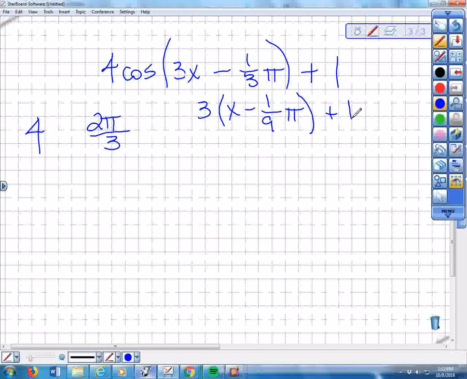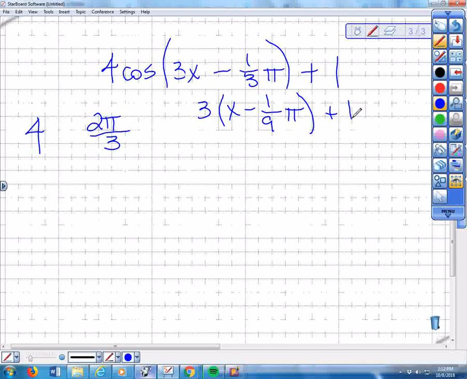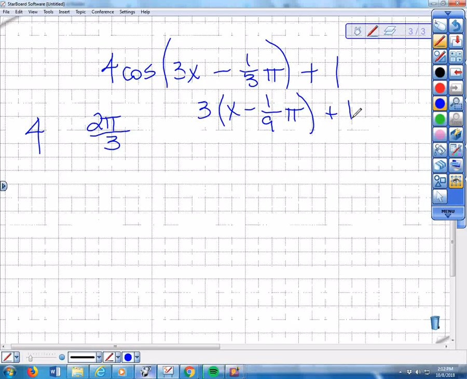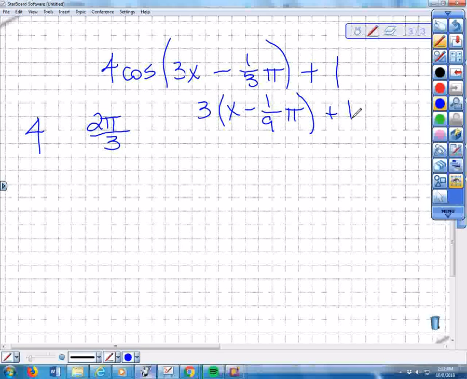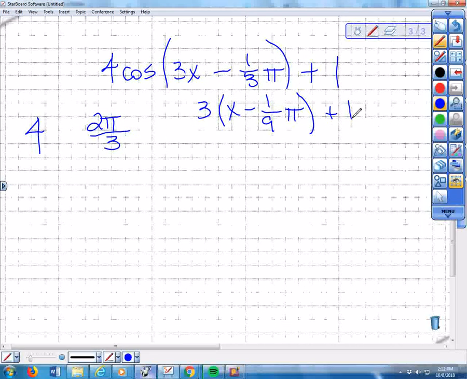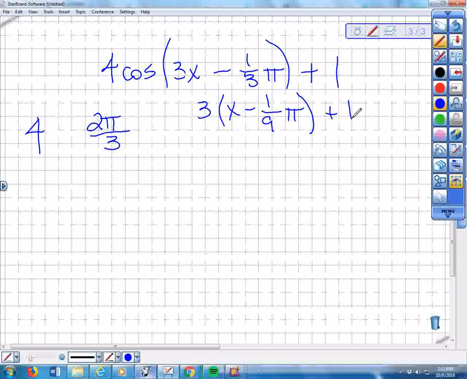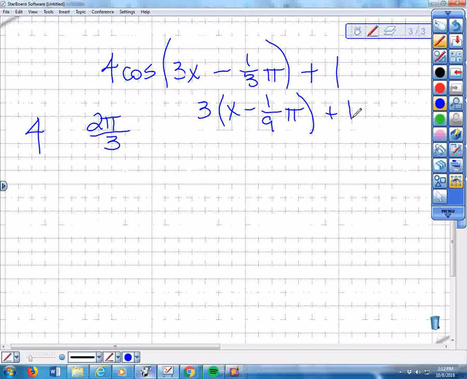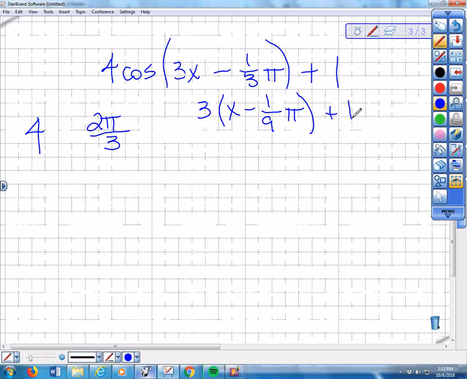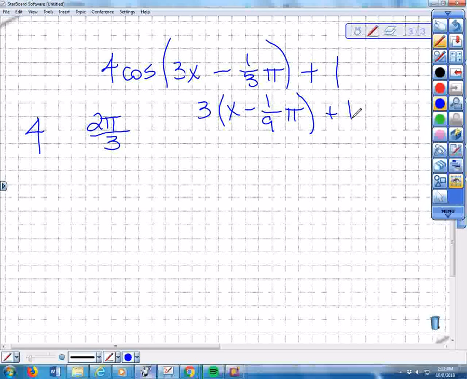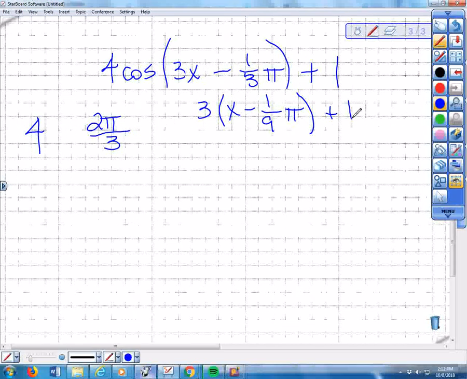Right? Because 3 times x is 3x, 3 times 1/9 is 1/3. So to find the shift, the horizontal shift, x always has to have a coefficient of 1. So factor out what you have to get that. So it's going to shift 1/9 pi to the right, and then it's going to shift up 1.